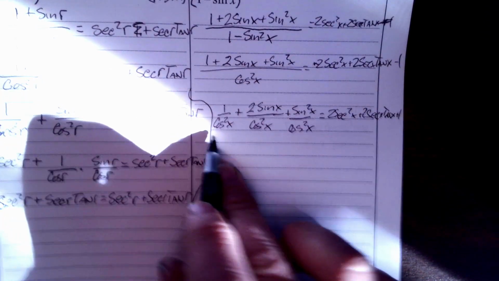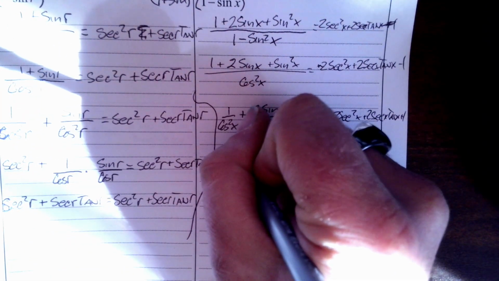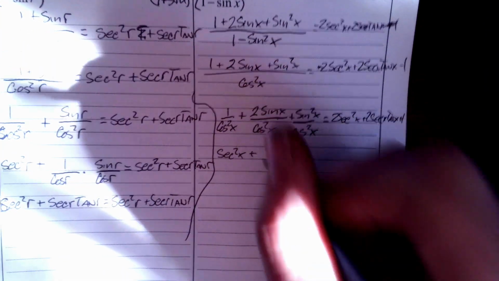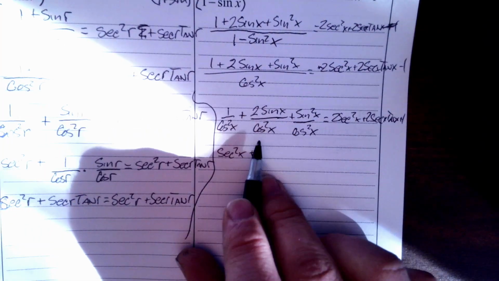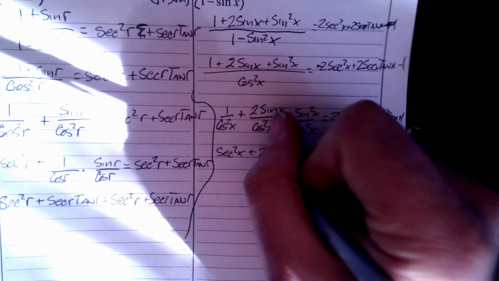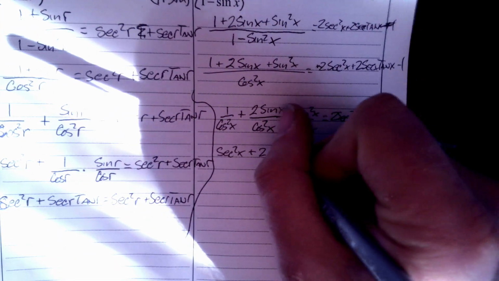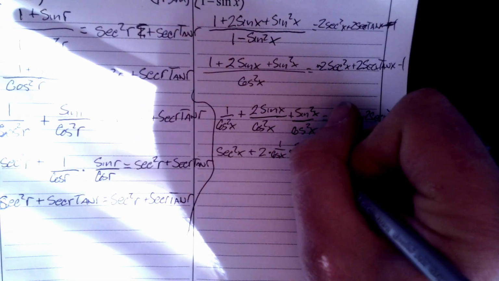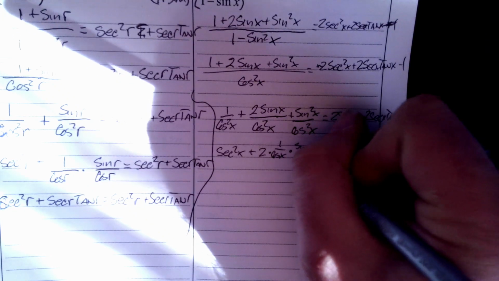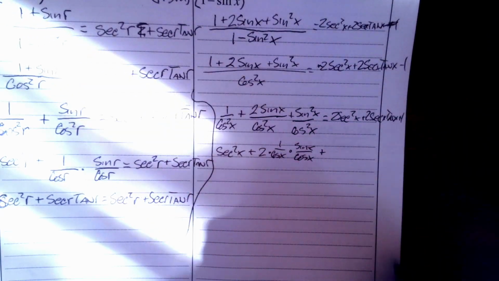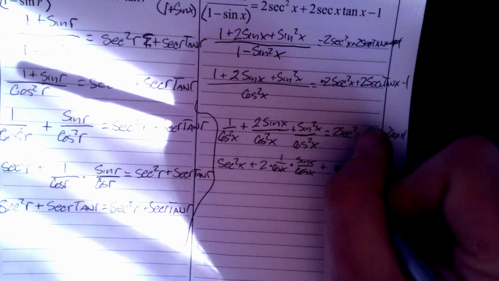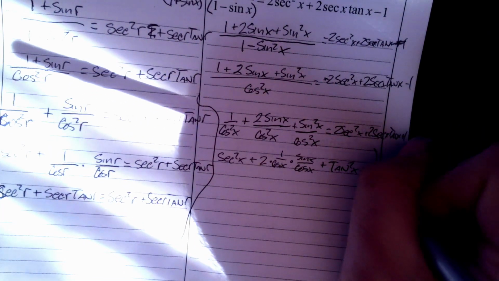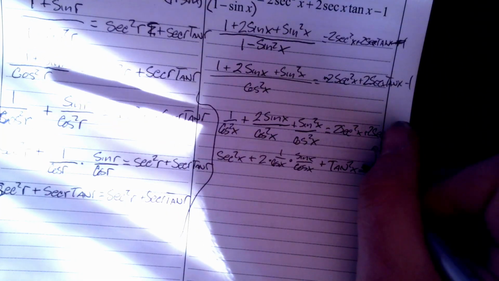So again, 1 over cosine squared is already a secant squared. And we saw that sine x over cosine squared x could become 2 times 1 over cosine x times sine x over cosine x. And sine squared over cosine squared can become tangent squared of x. And we are going to equal everything that's above it.